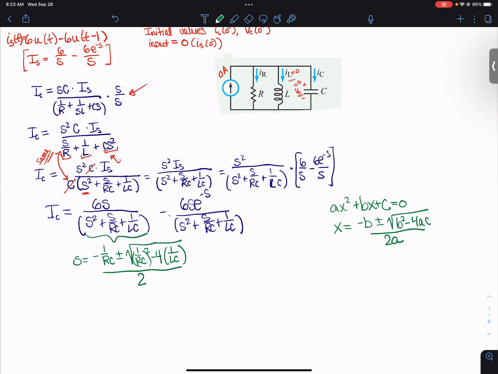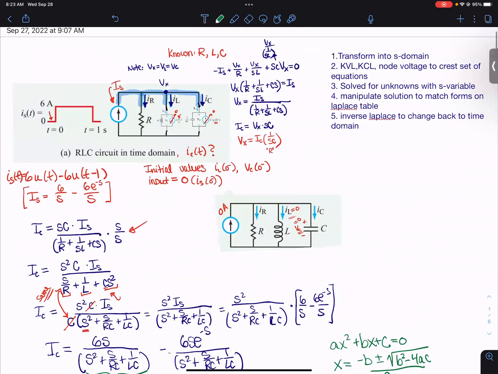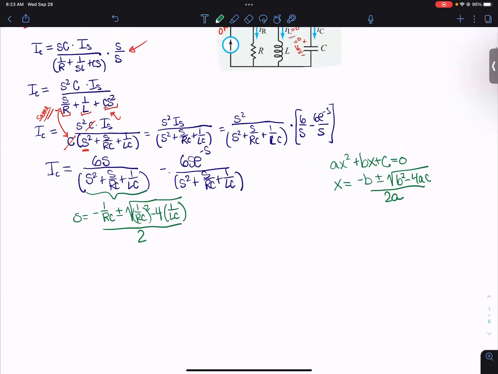Okay. So this makes it hard without having the values.